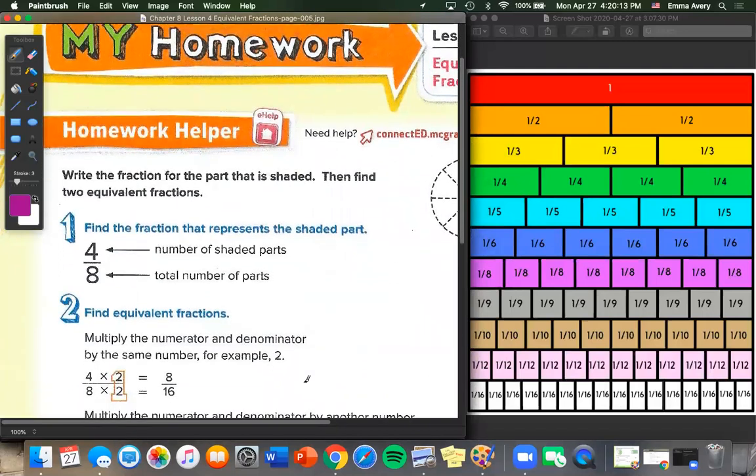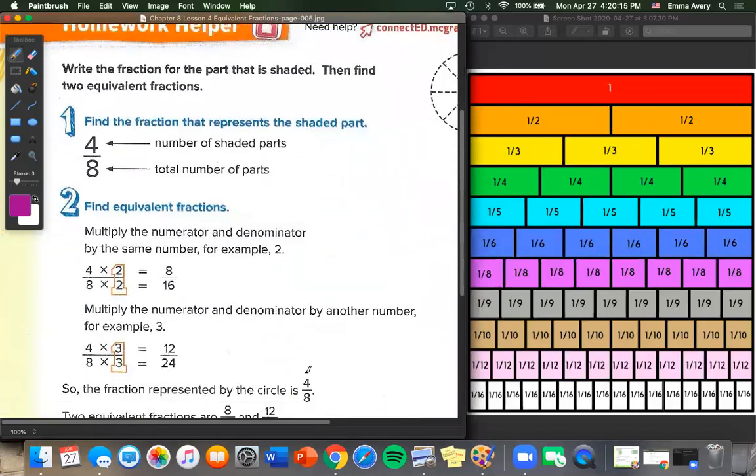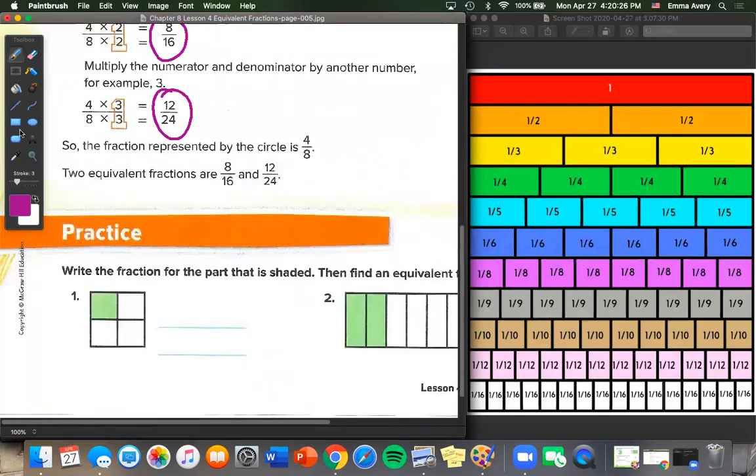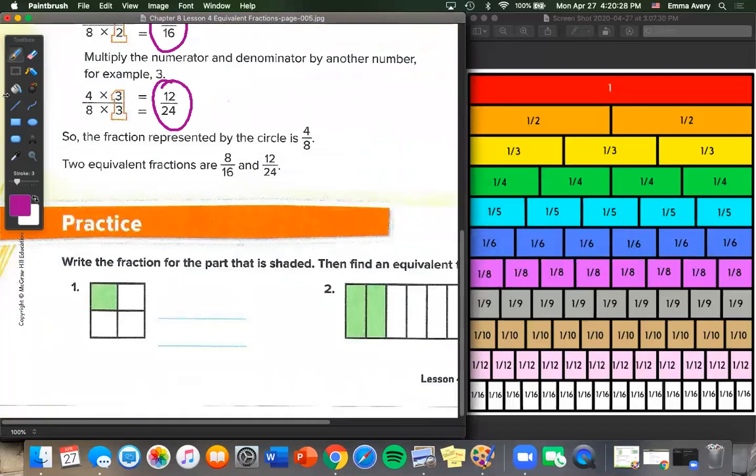So the example they're showing up here is how we can find 4/8 is equivalent to 8/16 and 12/24. So let's go on to number 1. Write the fraction for each part that is shaded, then find an equivalent fraction.